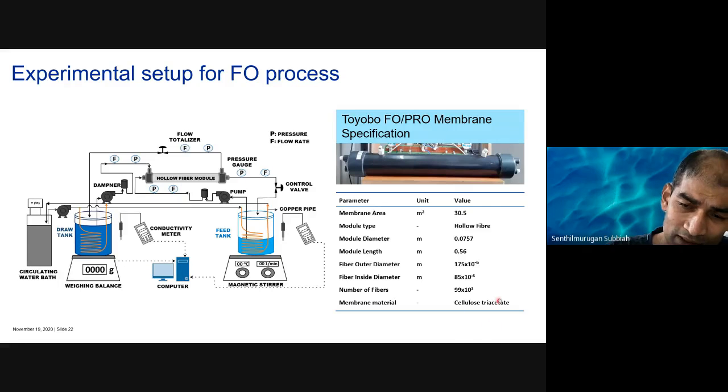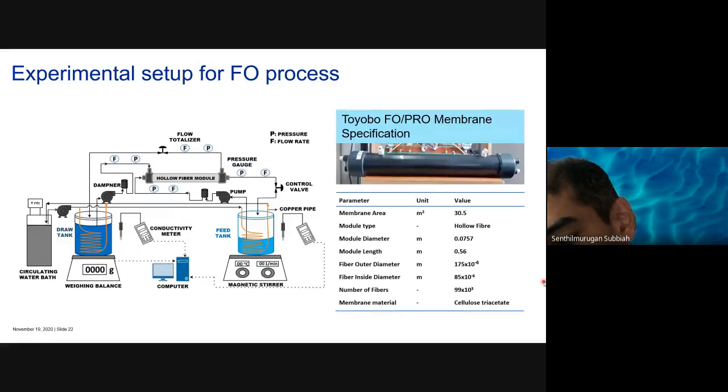These are the specifications. It's approximately half a meter in length, and the diameter is around 7.5 centimeter. The membrane material is cellulose triacetate, and the cellulose triacetate is basically an asymmetric membrane, where the support layer with a highly porous structure and the dense layer are also cellulose triacetate.